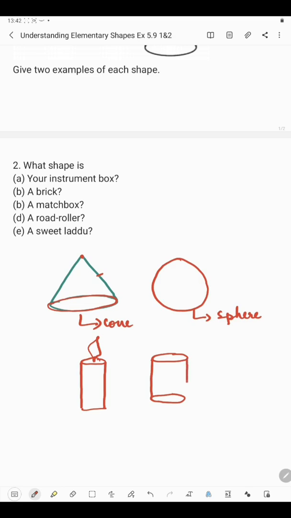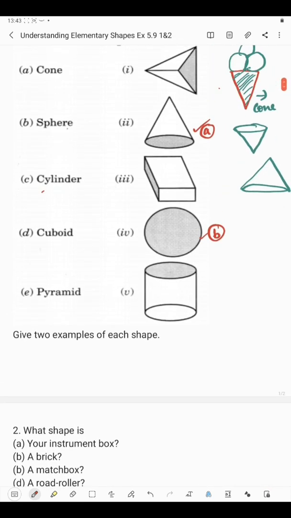This is called a cylinder. It has two plane circles, this and this, and this is the curved surface. Now let us find where this shape is given. It's here. So this is the cylinder.